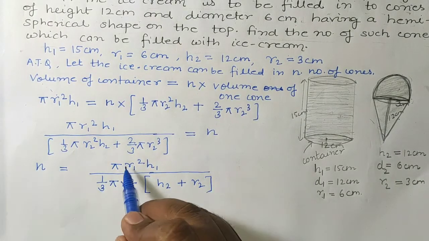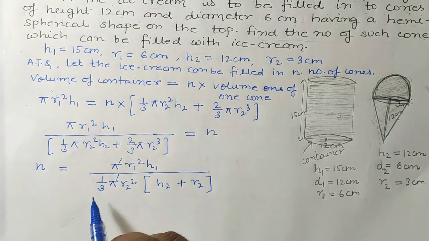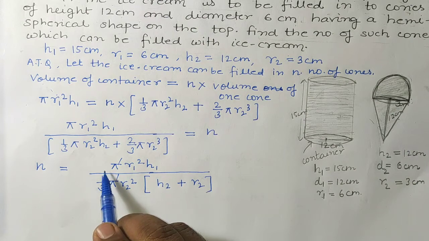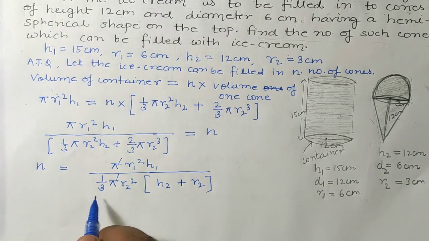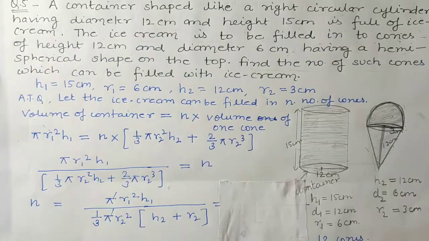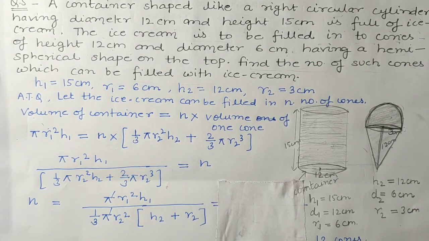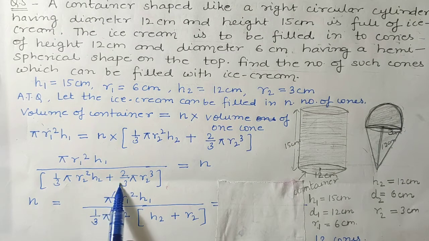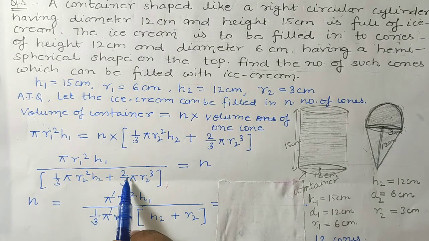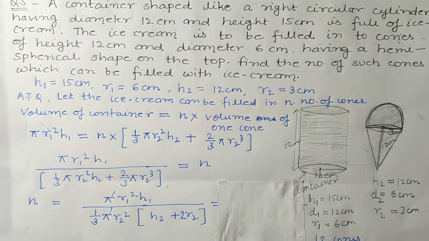Now pi and pi will be cancelled out, and the 3 of the denominator will go to the numerator. See students, one thing we have missed here. When we take common 1 by 3 from the denominator, h2 will be there, and since 1 by 3 is taken common from 2 by 3, 2 will be there. So it is h2 plus 2r2.